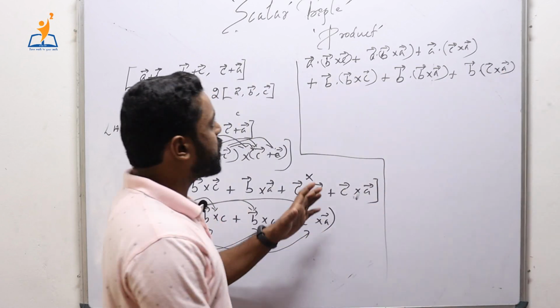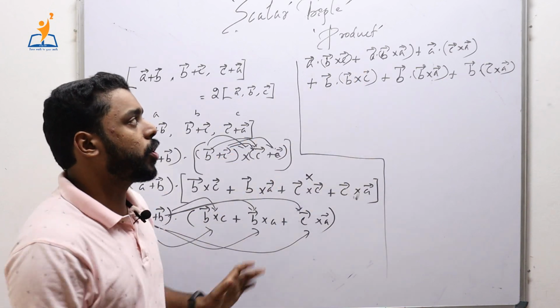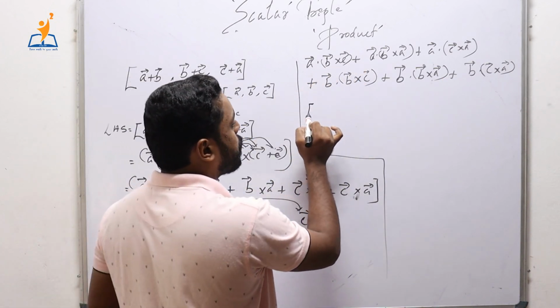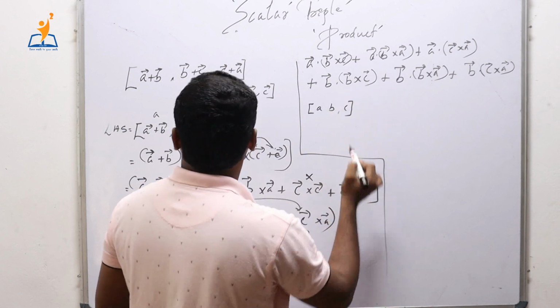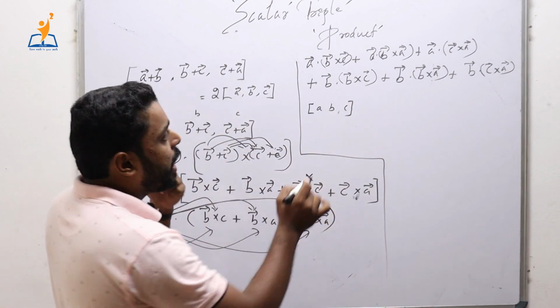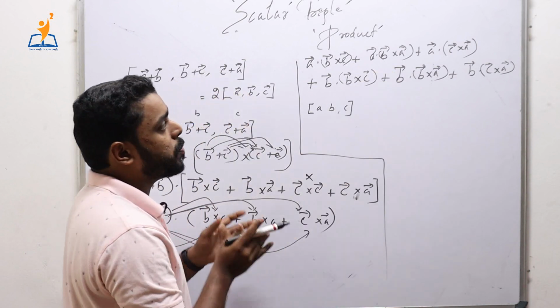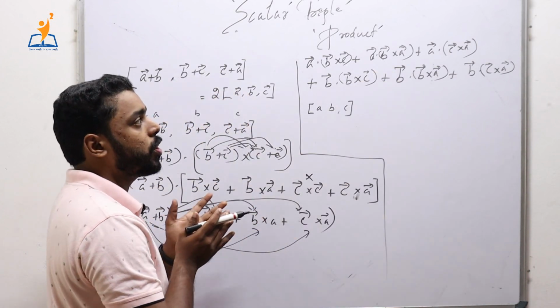Now observe that A dot B cross C is box ABC. Now A dot B cross A is box ABA, and it is equal to 0.